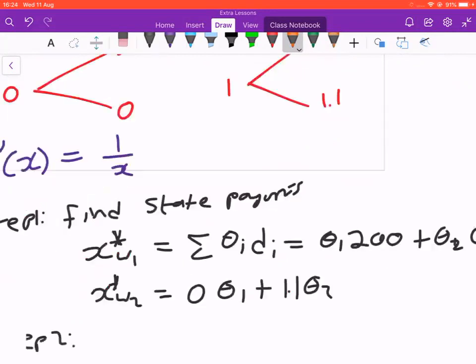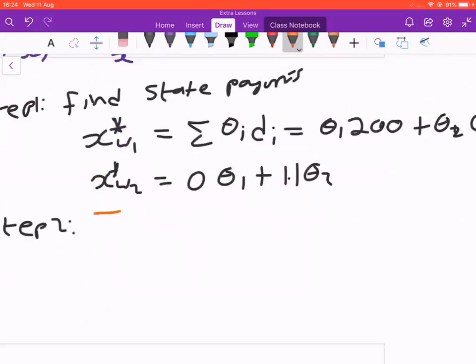So how do I simplify that? We are told that the amount times the price we buy should actually be equal to our wealth, right?